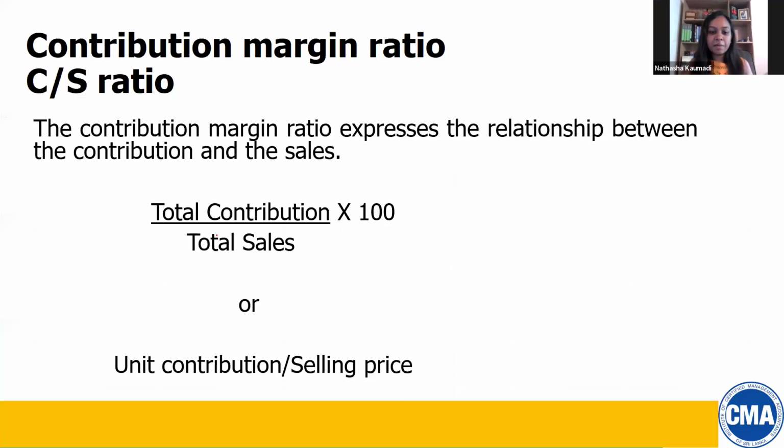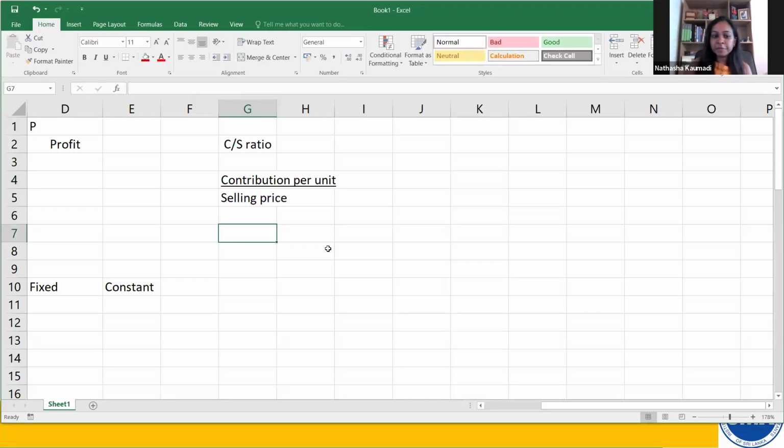Now in the previous example, can you calculate the CS ratio? Contribution per unit divided by the selling price. What was the contribution per unit earlier? 130. Yes, 130.